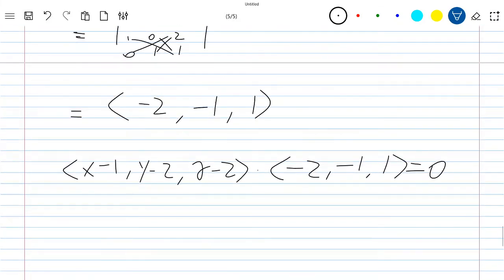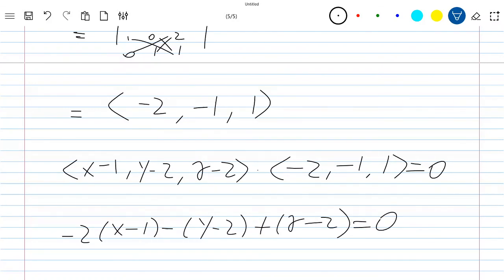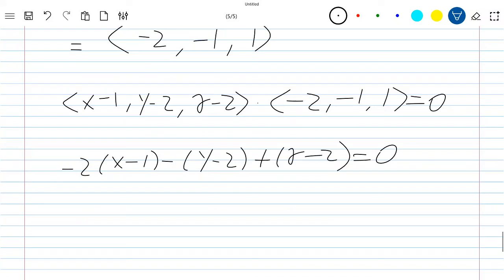If you want, you can write negative 2 times (x minus 1), minus (y minus 2), plus (z minus 2) equals 0. So that's your tangent plane. Okay, I think that's it for this section, and see you next time.